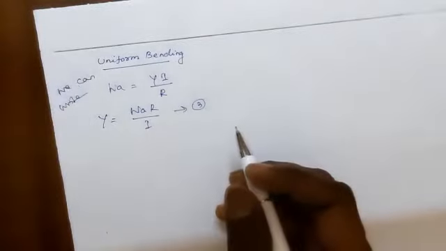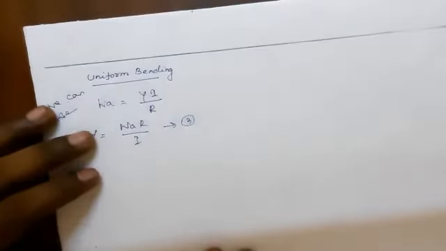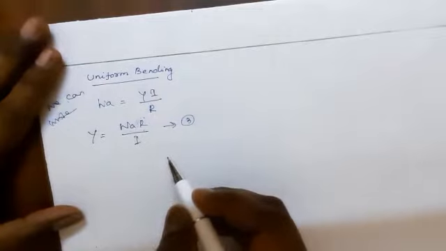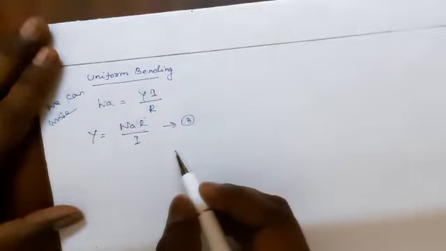This is the uniform bending method. Here we determine the value of R and substitute it in this equation, and we get the expression for Young's modulus of the beam.